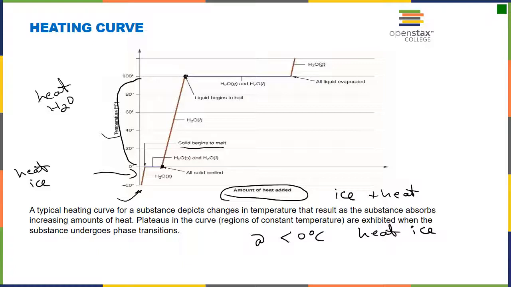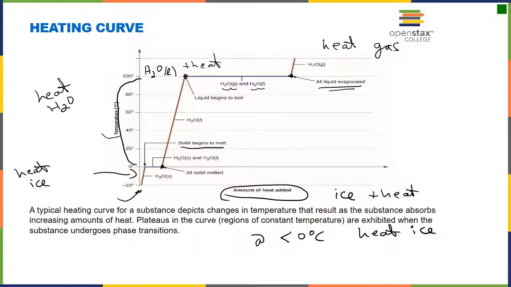Once we have all of our water as a liquid at 100 degrees Celsius, we can begin the next phase change by adding heat. Temperature is going to remain constant as all of the water as a liquid is converted to the gas. And when all the liquid has evaporated and converted to gas, we can finally heat up our gas.